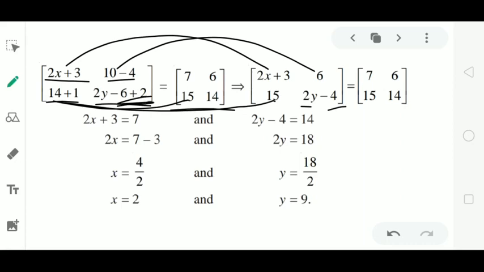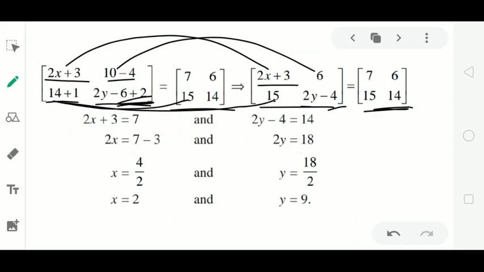Now we have this matrix equal to another matrix, and we already know that two matrices are equal if and only if their corresponding elements are equal. So we equate the corresponding elements here.